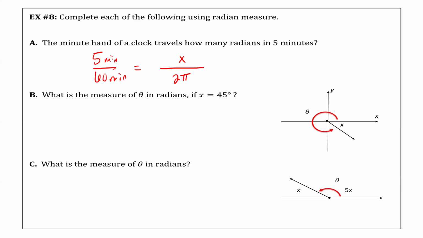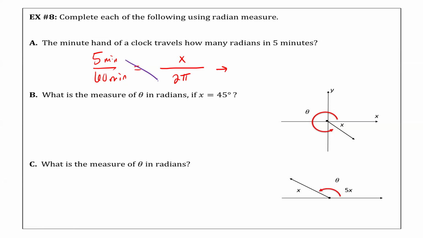All right. So 5 minutes over 60, right? So therefore, how far around a circle? We're creating a proportion. What would that be in terms of going around the circle? When you're solving a proportion, all you're doing is cross multiplying and dividing. So we cross multiply.